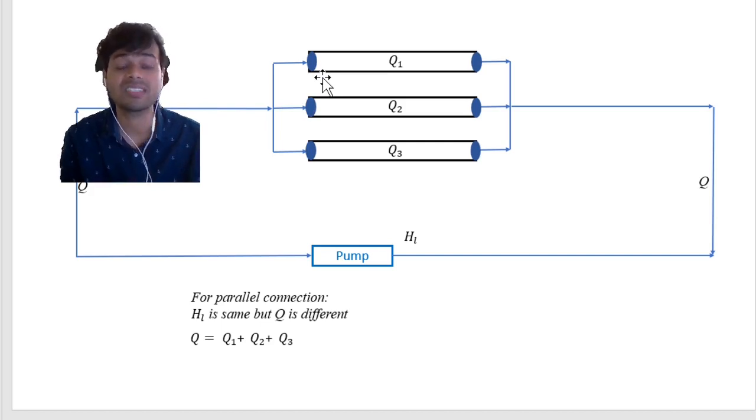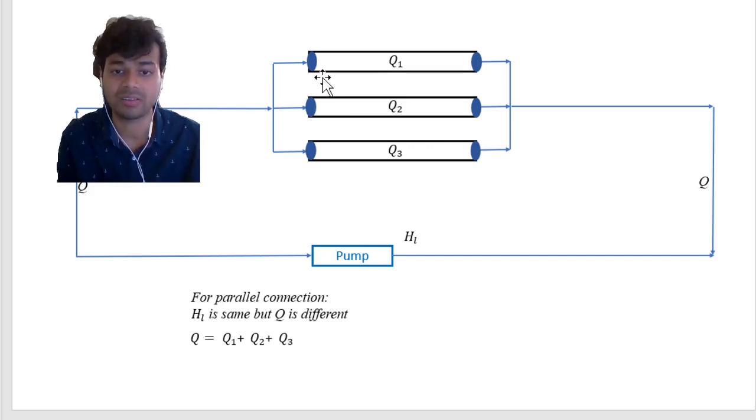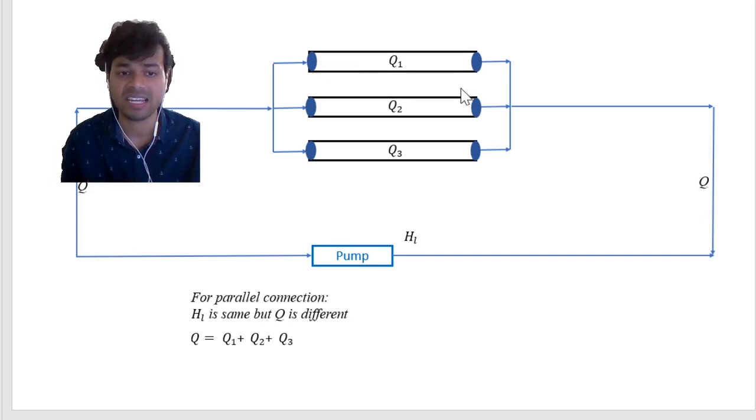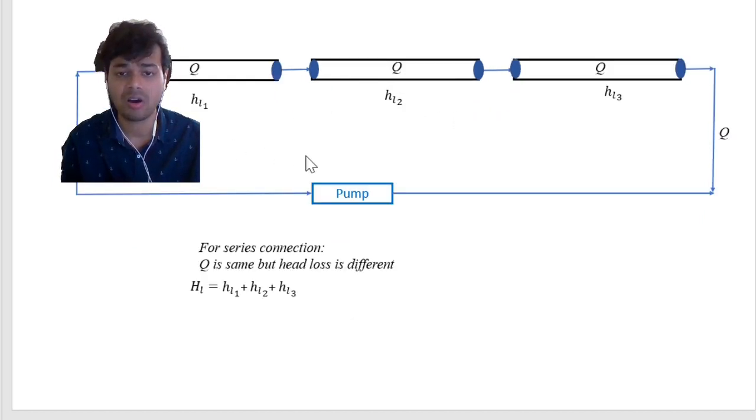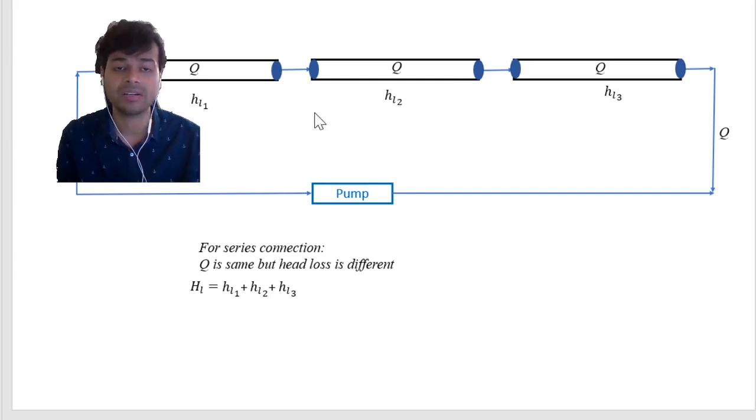That is the first principle of the Hardy-Cross method. The other principle is that the summation of head loss in a closed loop is equal to 0. That is the main basic principle to solve a pipe network.